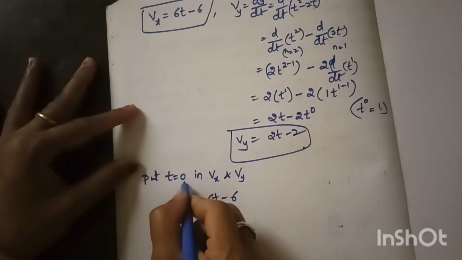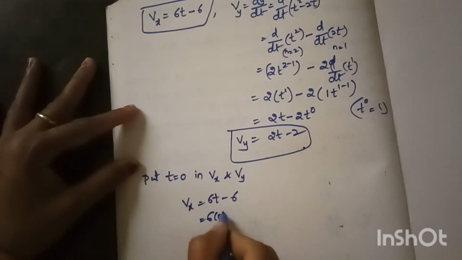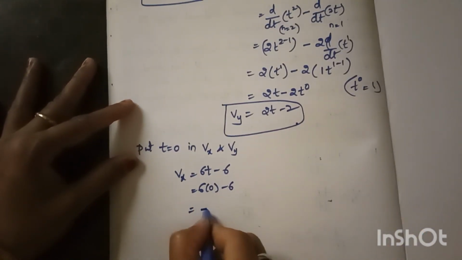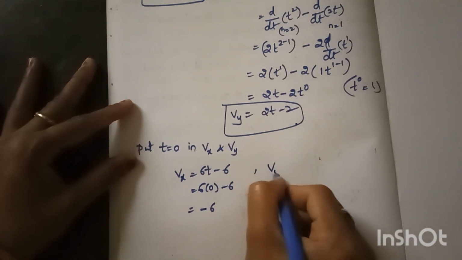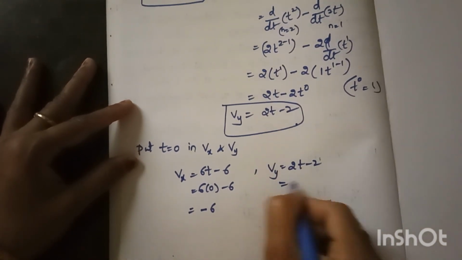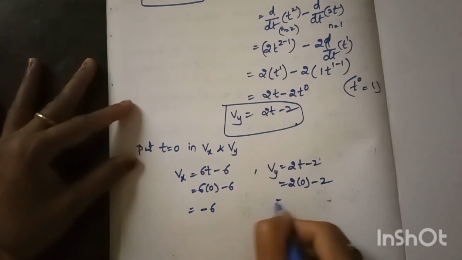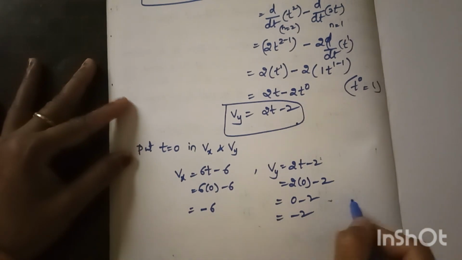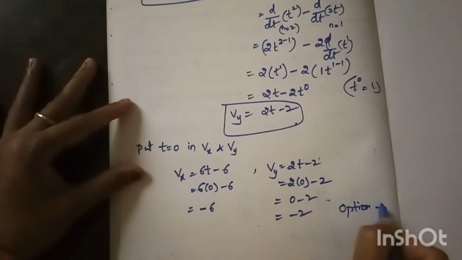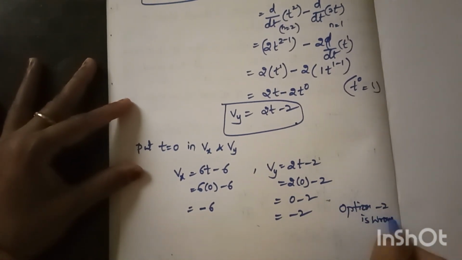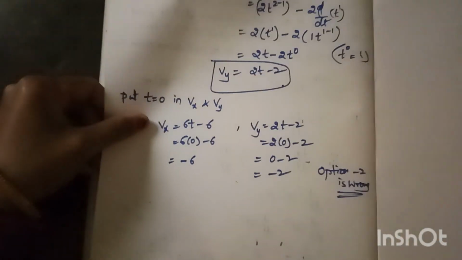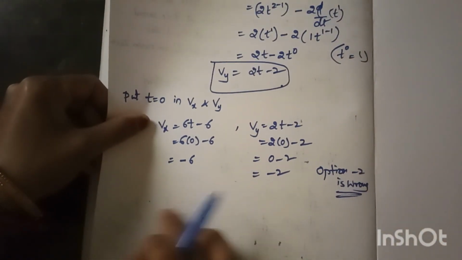In place of t, we substitute 0. 6 into 0 minus 6, what you will get is minus 6. Next, Vy equals 2t minus 2, so 2 into 0 minus 2, which is minus 2. So option 2 is wrong, because they said the velocity of the particle is 0, but we got minus 6 and minus 2.